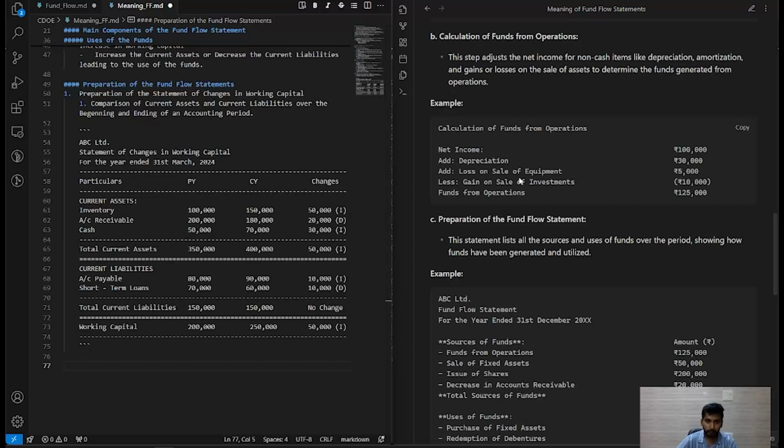Okay. So, next step is the calculation of funds from operations.